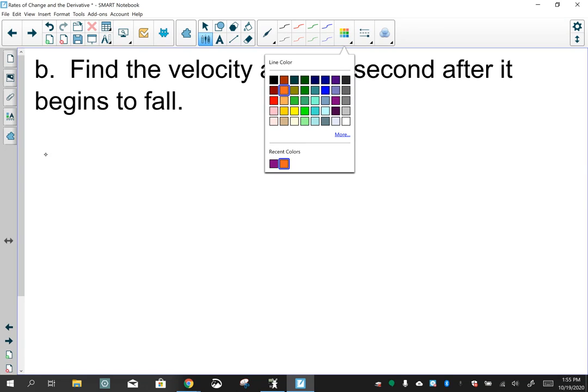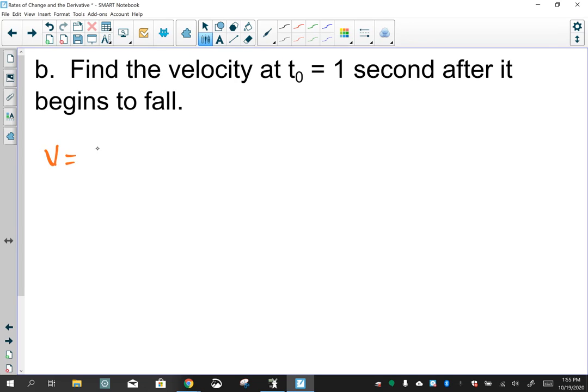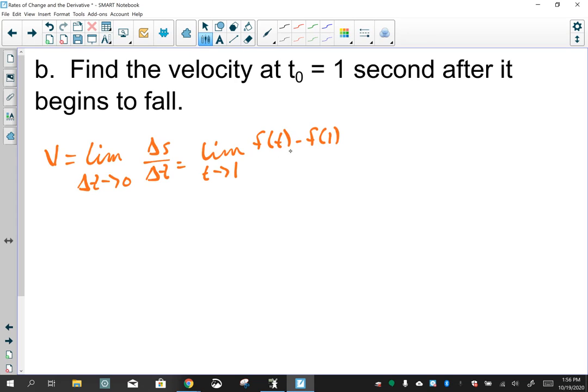Velocity is my limit as my delta t, my change in my x's, approaches 0 of delta s over delta t. So in this case, I have the limit as t approaches 1 of f of t minus f of 1 all over t minus 1.